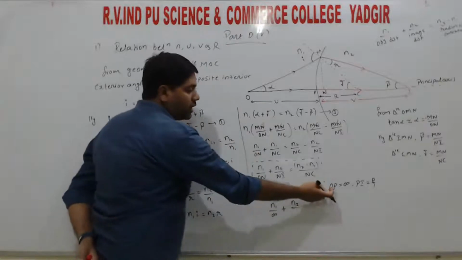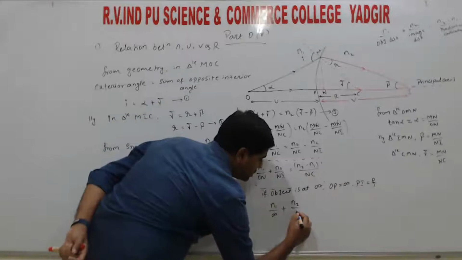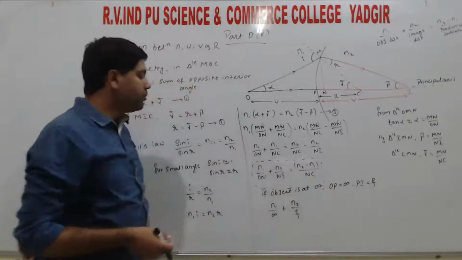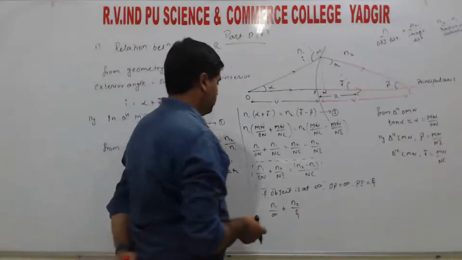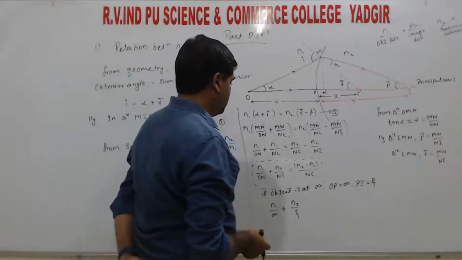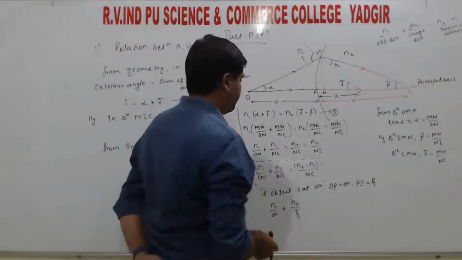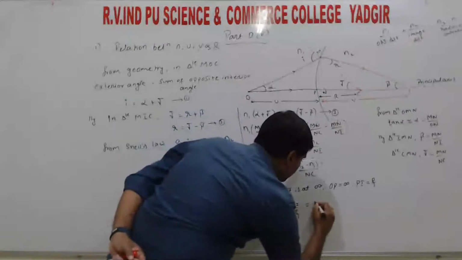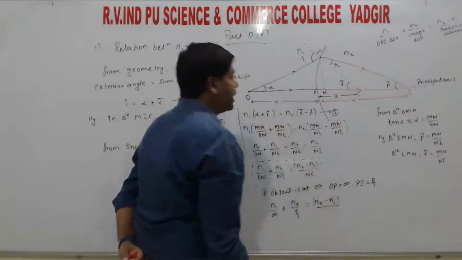So N1 infinity ಅಲ್ಲಿ ಇತ್ತು, ಸಾರಿ ಆಬ್ಜೆಕ್ಟ್ ಡಿಸ್ಟೆನ್ಸ್ ಇನ್ಫಿನಿಟಿ ಅಲ್ಲಿ ಇತ್ತು ಅಂದ್ರೆ ಇಮೇಜ್ ಡಿಸ್ಟೆನ್ಸ್ ಎಲ್ಲಿ ಇರುತ್ತೆ? ಫೋಕಲ್ ಅಲ್ಲಿ ಇರುತ್ತೆ, right? That is equals to N2 minus N1 divided by Nc.